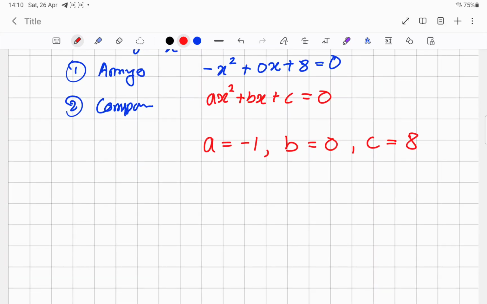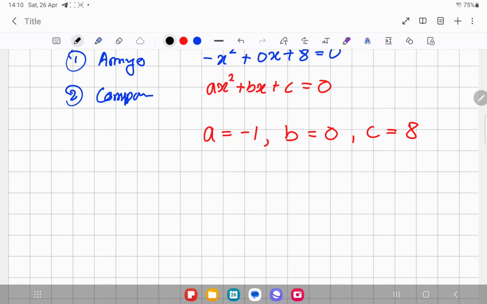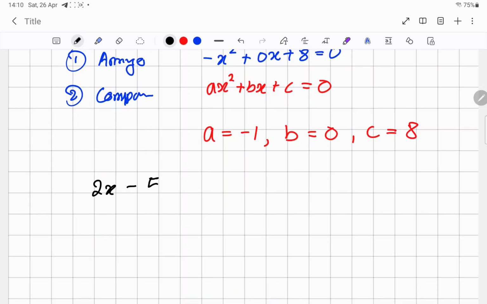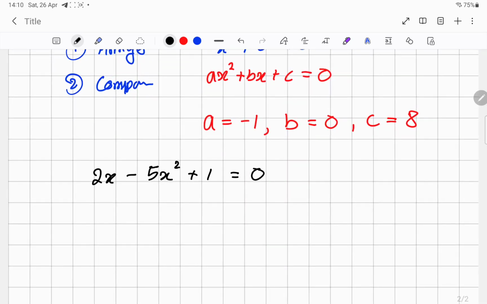Another example: 2x minus 5x squared plus 1 equals 0. How do you know the a, b, c? First you must arrange it, to become negative 5x squared plus 2x plus 1 equals 0.